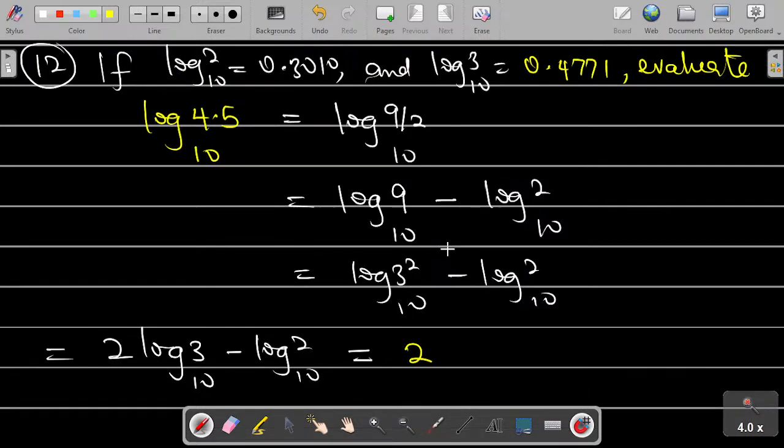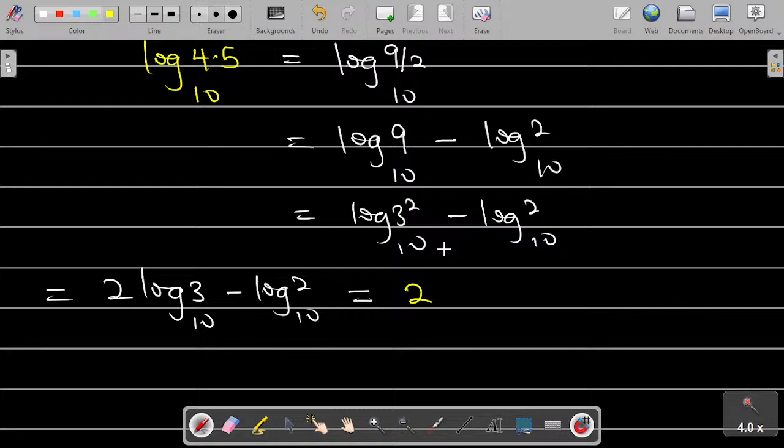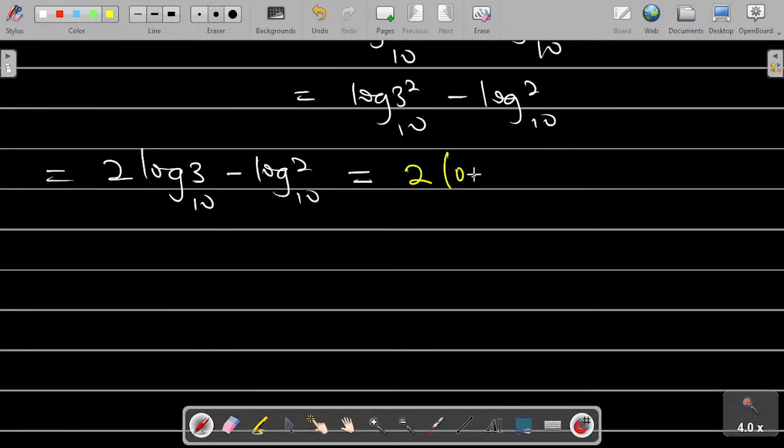They said it is 0.4771. So this will multiply that. Then minus log 2 base 10, they said is 0.3010. Okay, so all you do now is multiply this and then subtract.